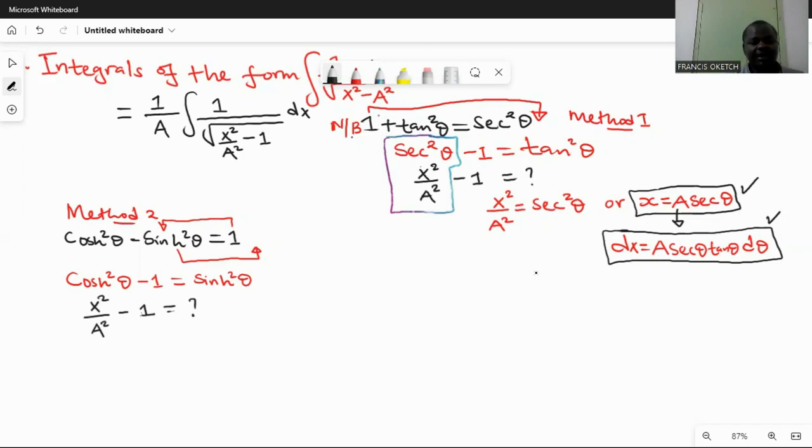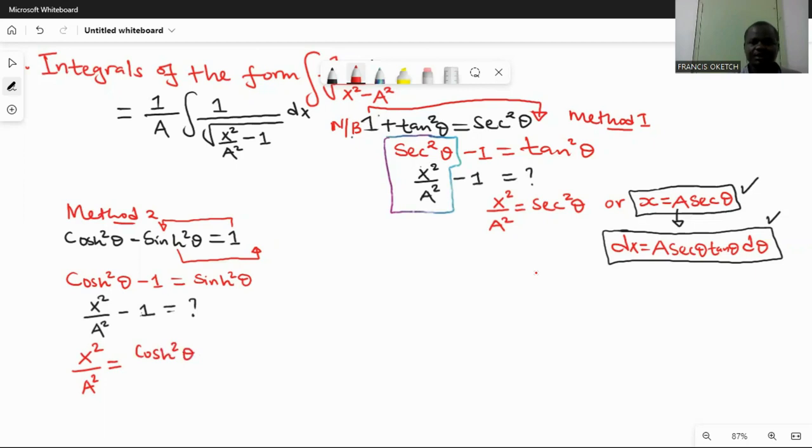So when you look at the left-hand side, you see minus 1 is common. So we can as well say that x squared over a squared is the same as cos hyperbolic squared theta. So you can now write this as x squared over a squared is the same as cos hyperbolic squared of theta.